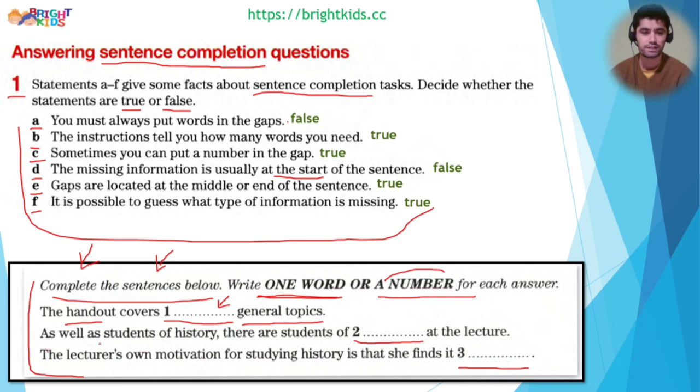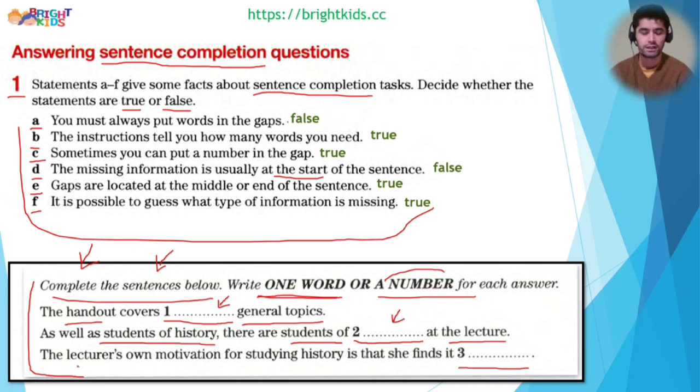Next one, as well as students of history, there are students of some kind of department at the lecture. So for the second question, we can basically predict that this is also about another kind of subject, right? Because here it says, as well as students of history, there are students of some kind of department at the lecture.